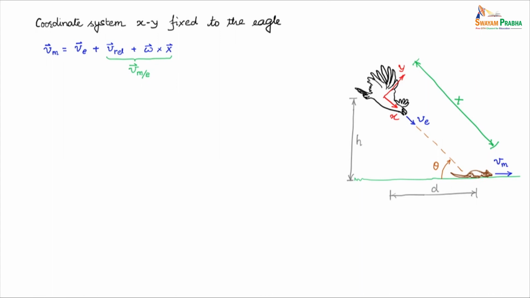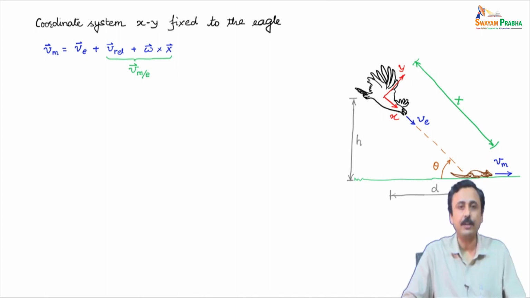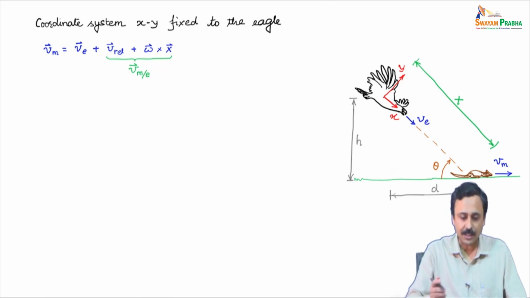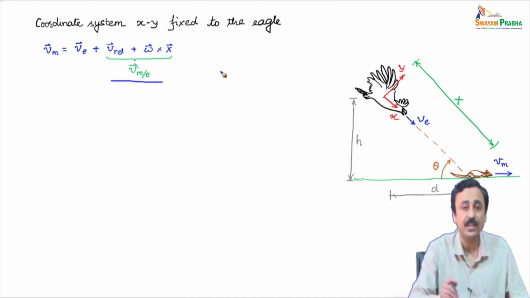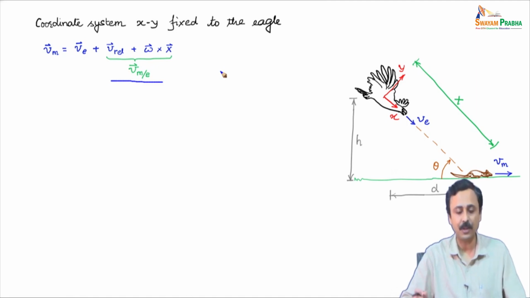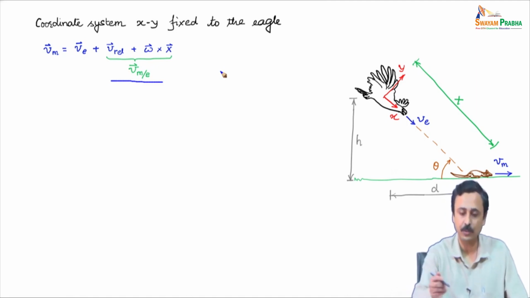I have called this x vector. So, omega cross the x vector. This is a standard kinematic relation which we have derived. So, velocity of the mouse in terms of the velocity of the eagle, and this extra term, for future reference, let me point out this whole term v rel plus omega cross x is the relative velocity of the mouse with respect to the eagle.